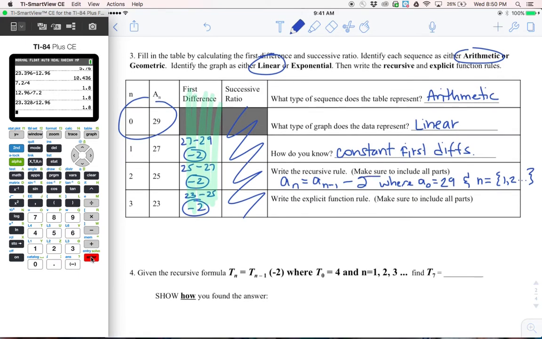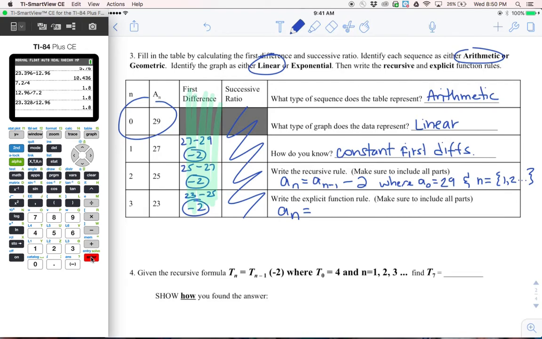All three parts again in this one: we have the formula, we have the initial amount, and we have the n values. Okay, write the explicit function rule. This one is really similar to how you would normally write y equals mx plus b, but if you actually write y equals mx plus b in that form, you're going to get points taken off. I need you to have a sub n is equal to the slope this time, if you want to think of it that way.